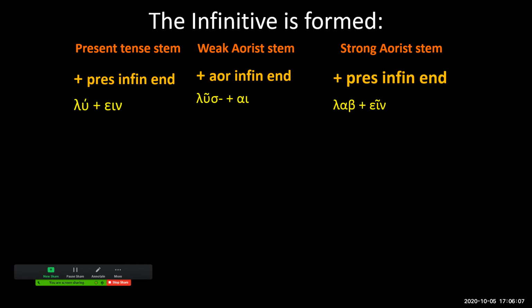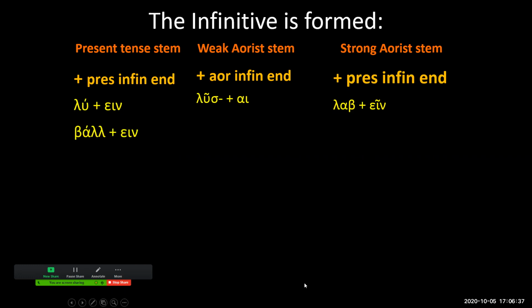And you translate to receive or to take. But you ask, isn't the aorist past tense? No, not always. Not necessarily, especially when the augment is missing, and we never have an augment with infinitives. We have left the augment behind now, once we left the territory of the indicative mood.